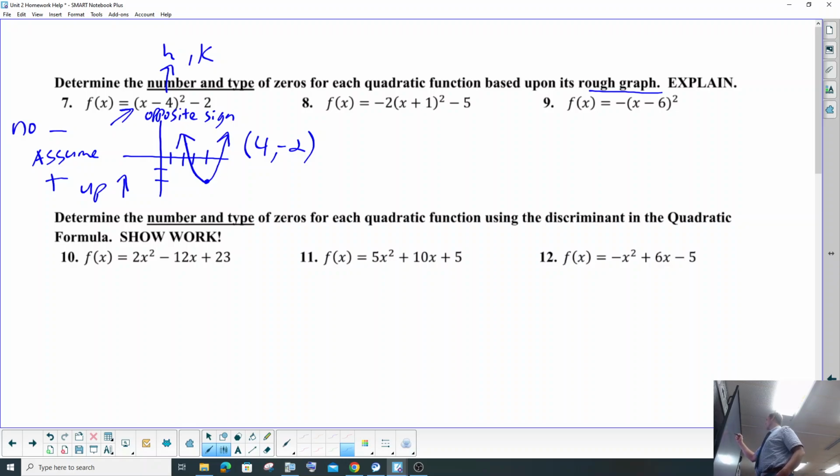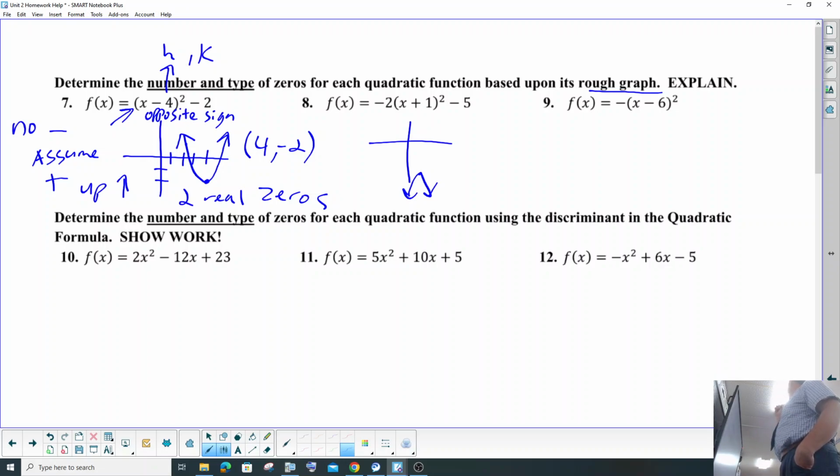So that's going to be 2 real zeros. For that one, just looking at the rough graph, right? So if you take a look at this one, which is right 1 down 5, but then it's pointed downwards, right? So that means probably no real ones there. We do have imaginary ones though, which is awesome.